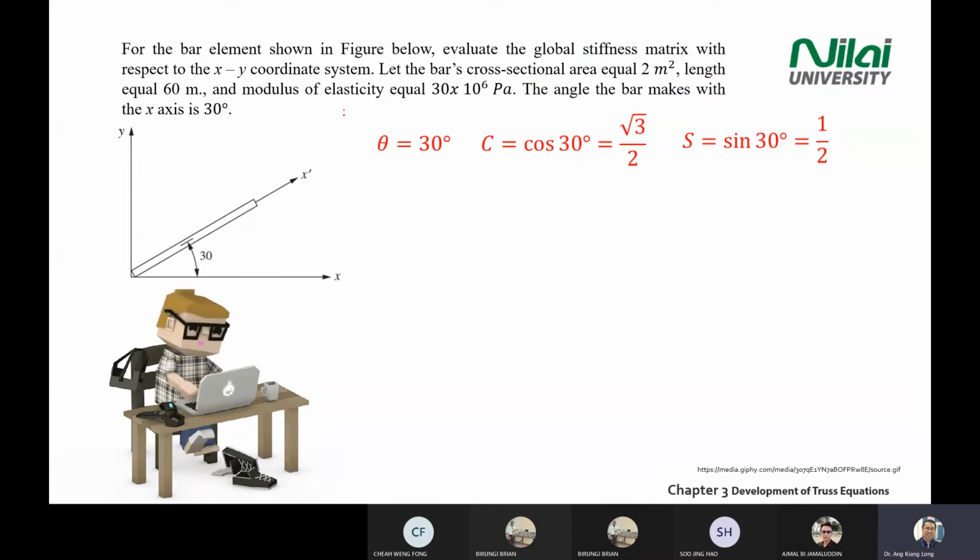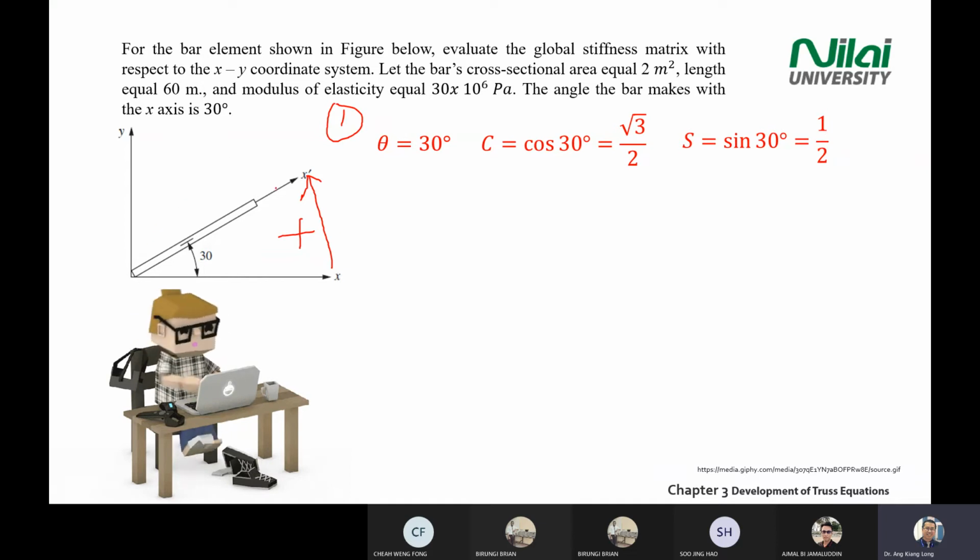So the first step when you answer chapter 3, when you're asked to find the global stiffness matrix: look for the degree. The degree will always be given. Make sure you're looking for x to x prime, anti-clockwise positive. Again, I need to remind you, this is a tutorial question. It will be very straightforward.